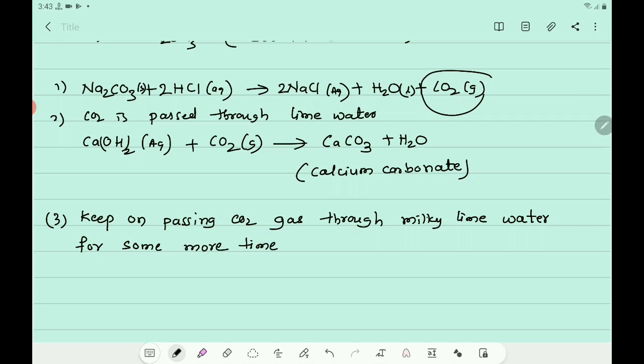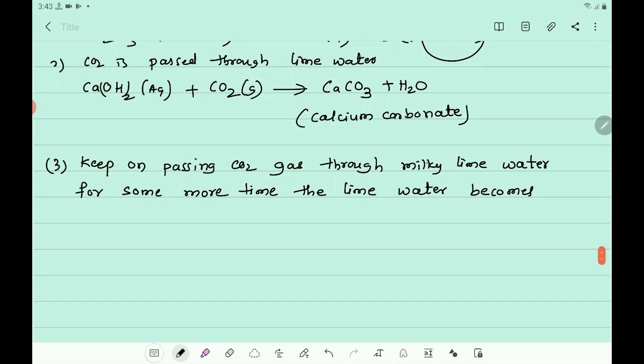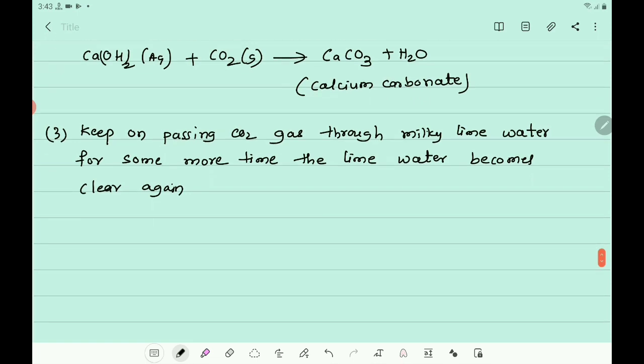For some more time, the lime water becomes clear again.